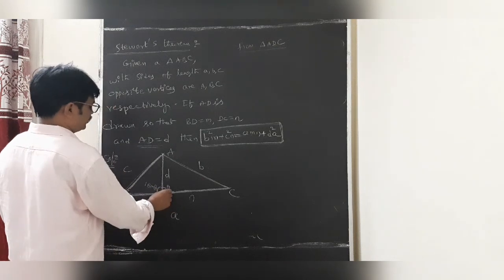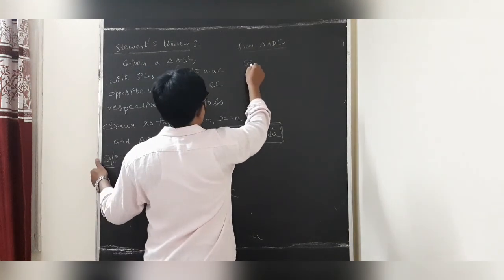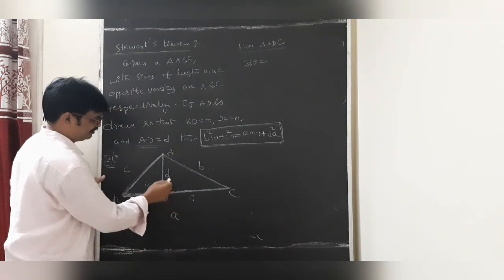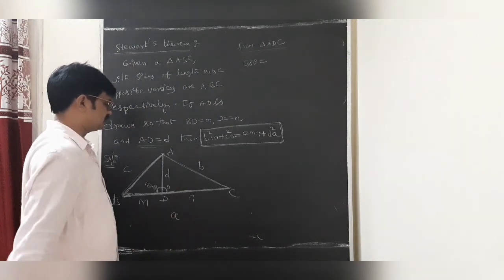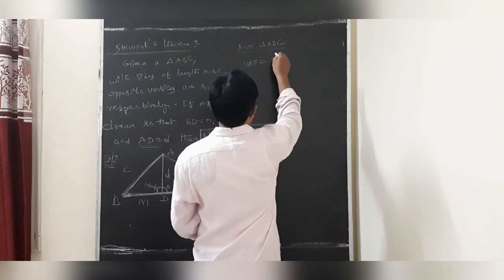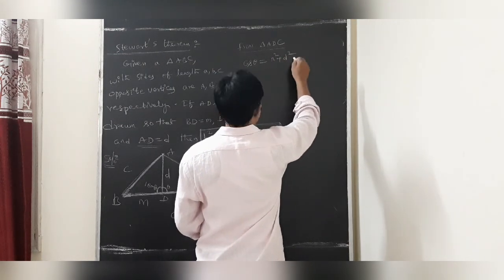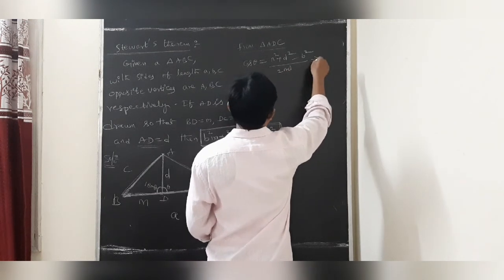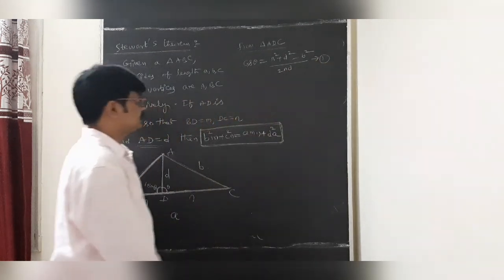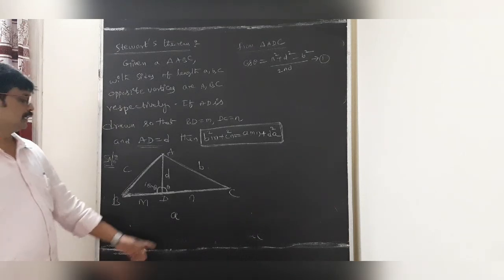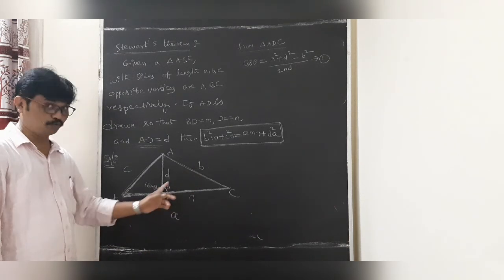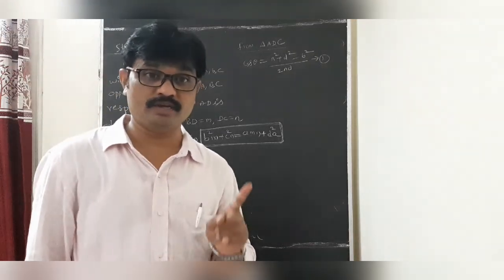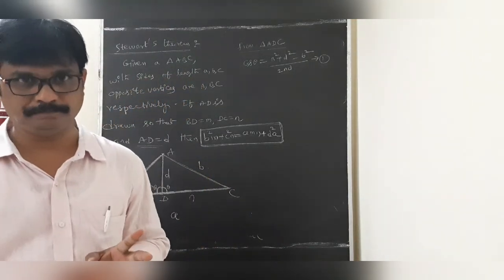When taking cos theta from the triangle, the adjacent sides are n and d, and the opposite side is b. So cos theta is n square plus d square minus b square by 2nd. Is it clear, students?